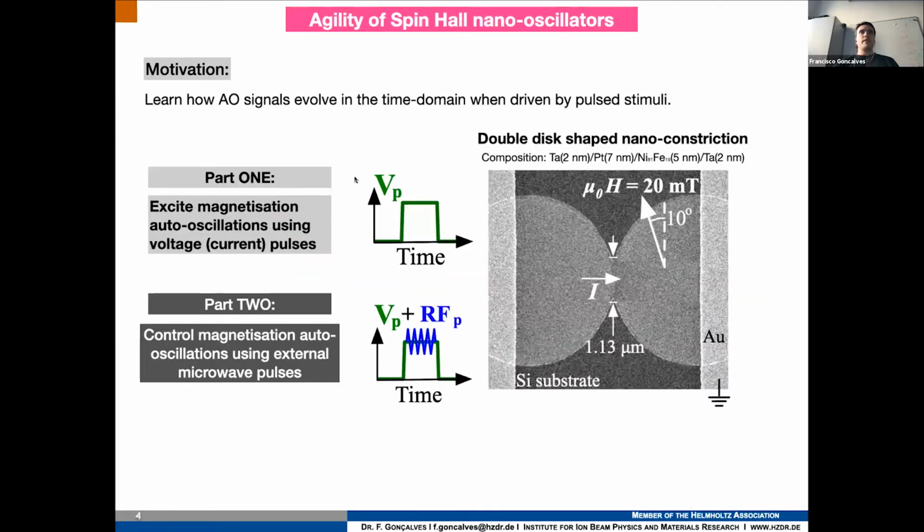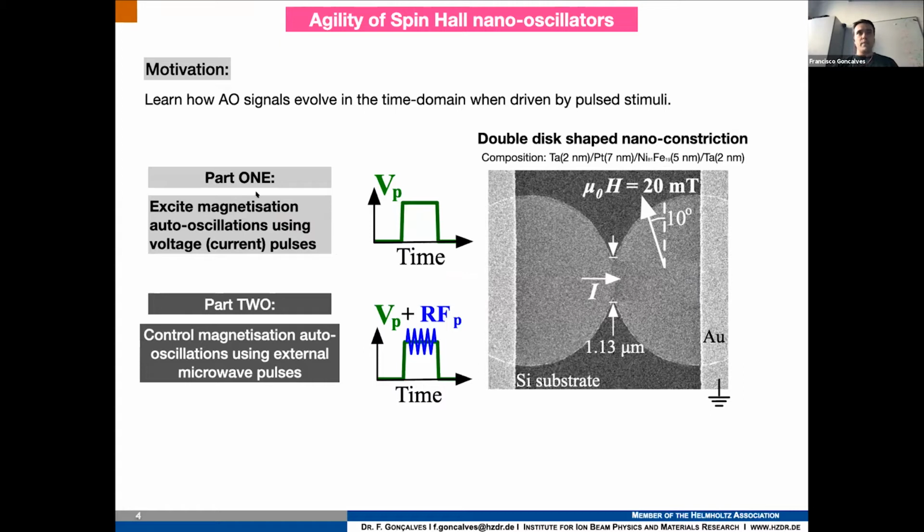So this sets the stage for our motivation, which is basically that we want to learn how auto-oscillation signals evolve in the time domain when driven by pulse stimuli. I am referring to applying voltage pulses in order to drive auto-oscillations in this nanoconstriction region here.